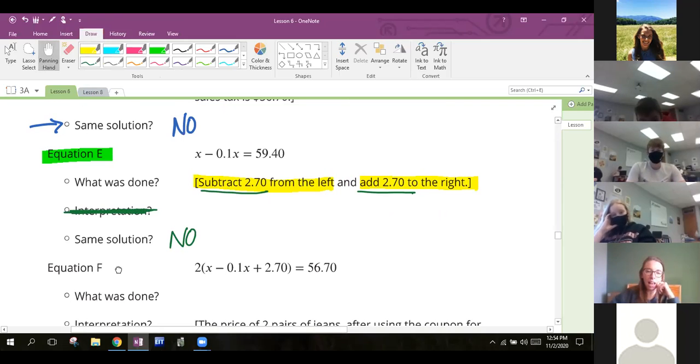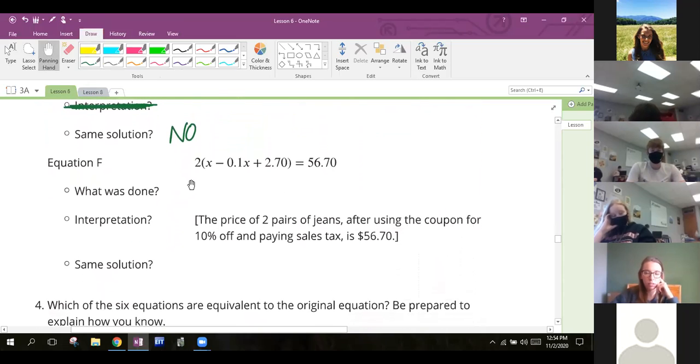Okay, let's do this last one together. Now, everything looks the same about this equation. All of that looks the same. All of this looks the same. The only thing I noticed is that they did this right there. Okay, so what was done? They made it where you have to distribute.